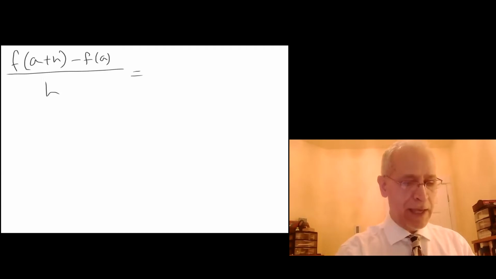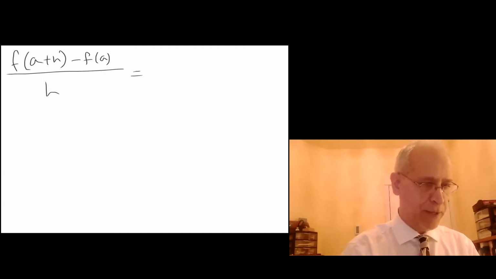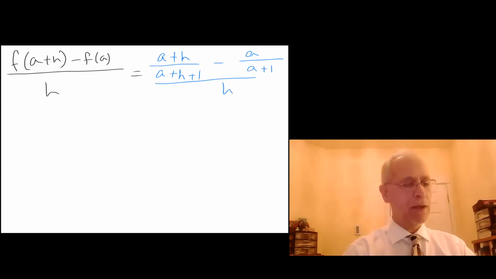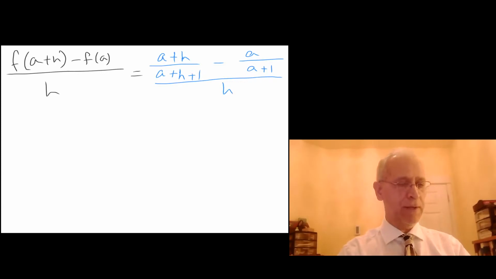I have f of a plus h, which happens to be a plus h over a plus h plus 1 minus f of a, that was a over a plus 1, and all that over h.